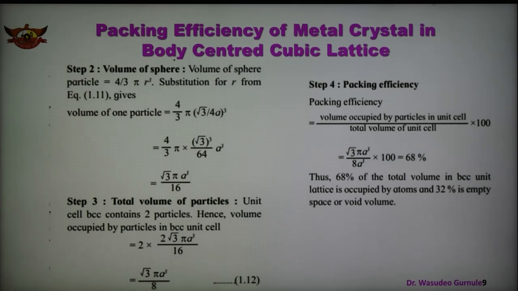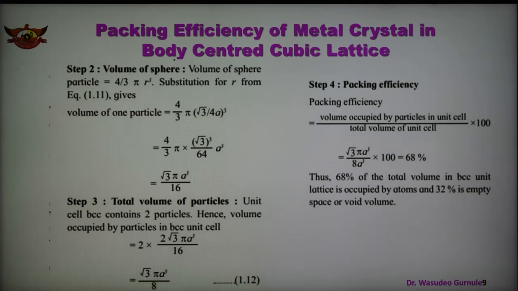In case of simple cubic we have seen 52.36% only the space is occupied, but in case of body centered 68% space is occupied by the particle and remaining empty space is only 32%. So we can say that packing efficiency in case of body centered is more and therefore the particles are very closely packed as compared to simple cubic system.